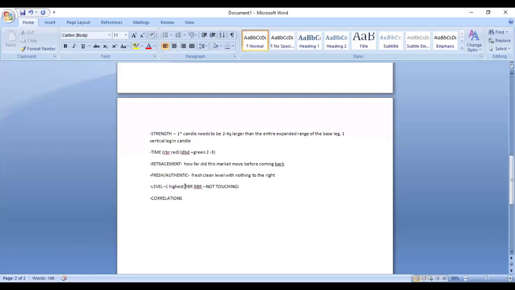The second highest probability that this will actually work is when you have a rally-based rally with another rally-based rally, or an immediate retest to the rally-based rally. That would be the second highest probability that it will work.